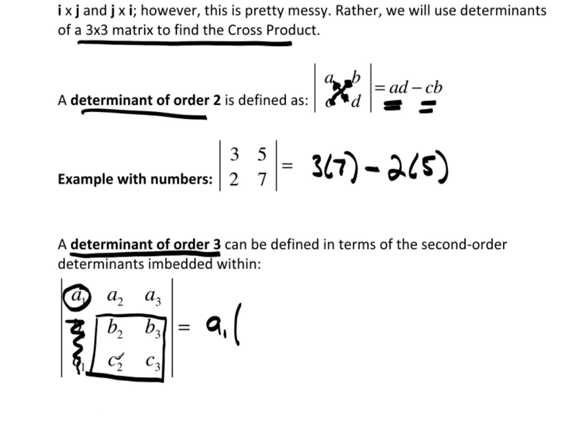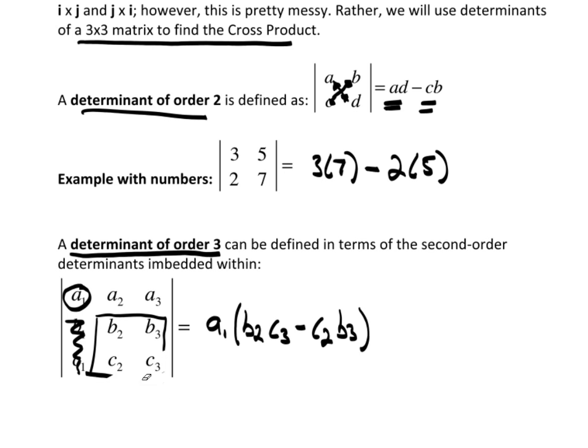So I will find the 2x2 determinant of this little submatrix, so to speak, which would give me B2 multiplied by C3 minus C2 multiplied by B3.